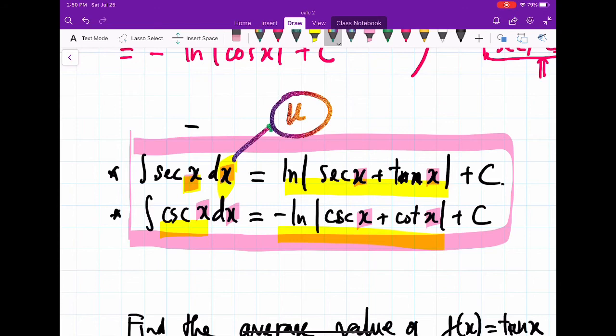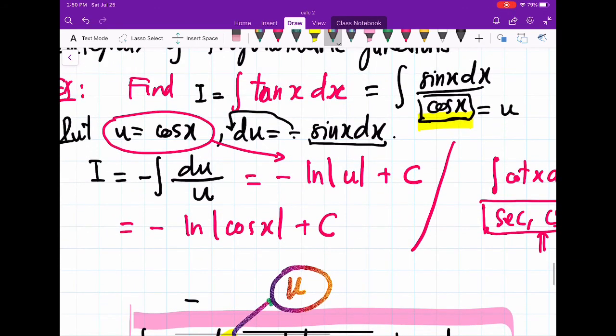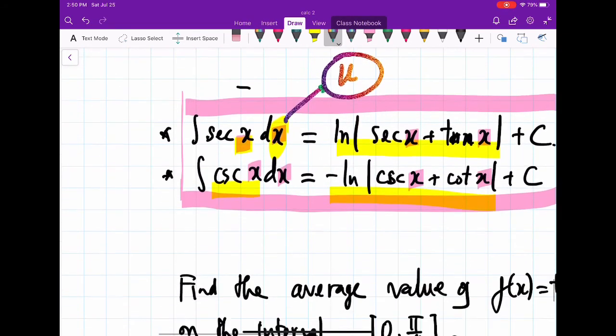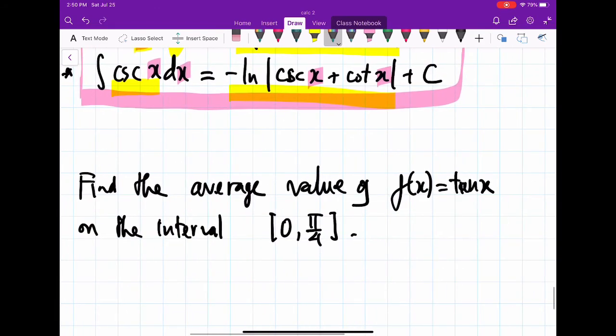All right, now let's apply what we already solved to find the average value of the function tangent on the interval 0 to pi over 4.